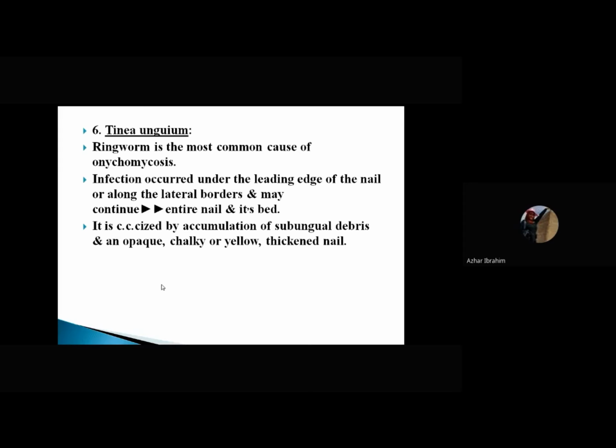Onychomycosis means infection of the nail. This is a general term caused by different entities: idiopathic, bacterial, fungal, viral, whatever. But when I say tinea unguium, it is specific for dermatophytes, though I can say onychomycosis. Tinea unguium is more precise for tinea.